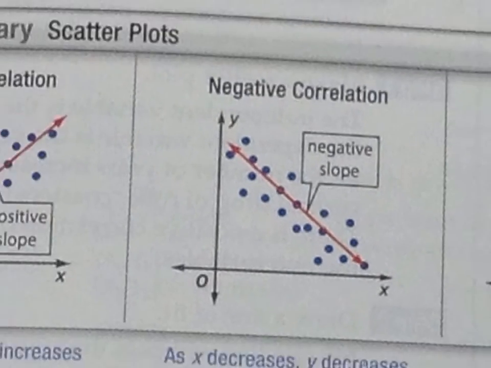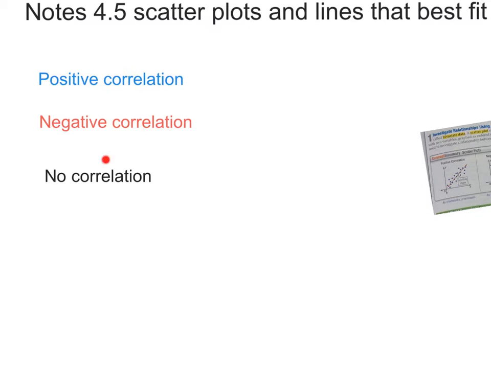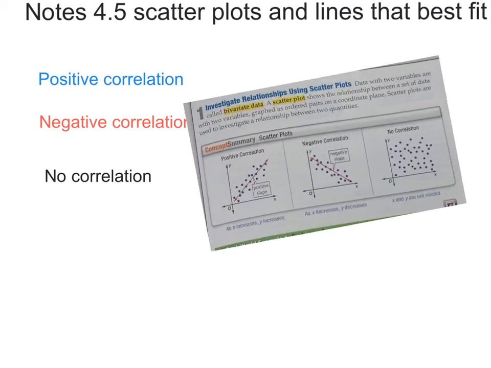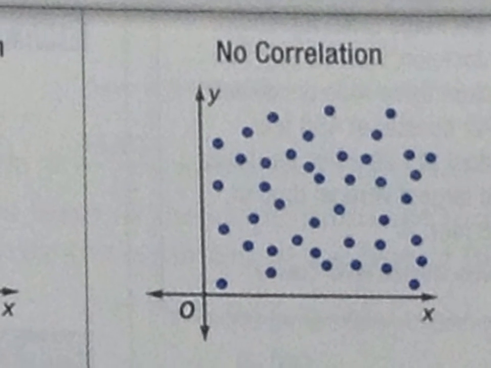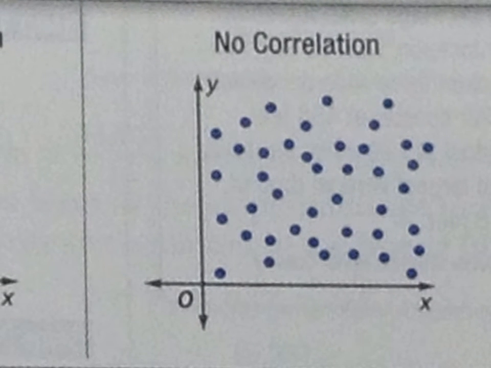Now, there's also a case where you have no correlation. Okay, no correlation. That means that there's no real relationship. Check it out. You just graphed your data set and the points are all over the place. So you can't conclude anything from that. There is no line going this way. Well, I guess there could be a line going this way, dividing it perfectly, like if you were to draw a line right here, dividing the dots perfectly on top and bottom.